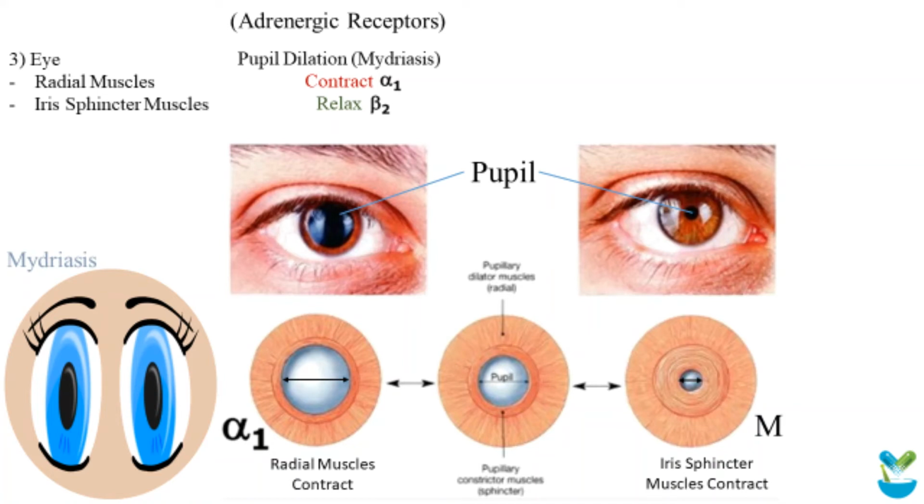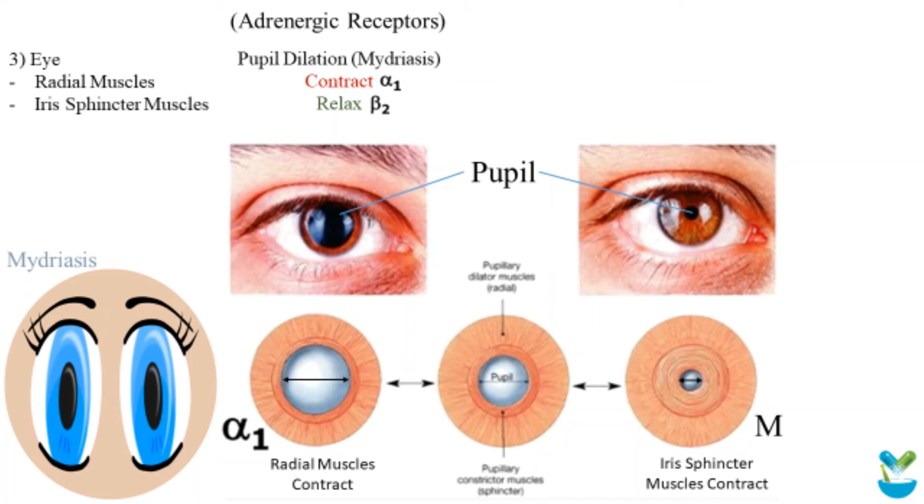This opening of the pupil is by the radial and sphincter muscles of the iris. Radial muscles are longitudinal muscles, as you can see in the diagram. When they contract, for contraction the same alpha-1 receptors are involved. And iris sphincter muscles, which are circular muscles, relax, so beta-2 receptors. This is how pupil dilation takes place.